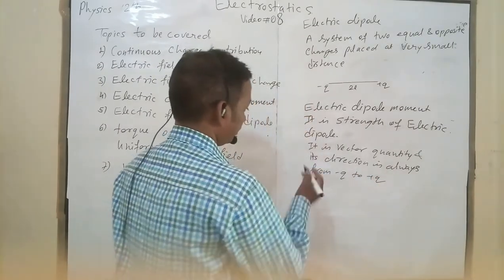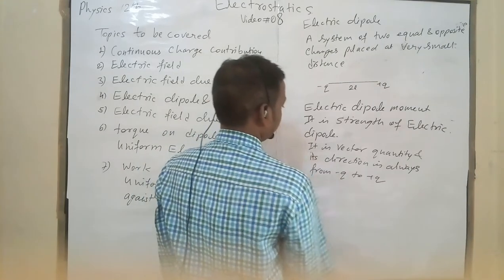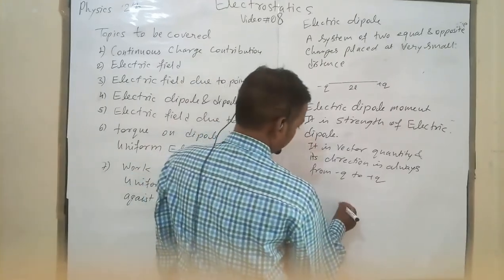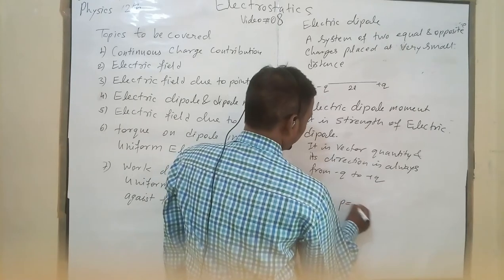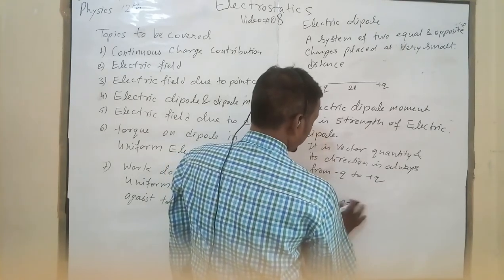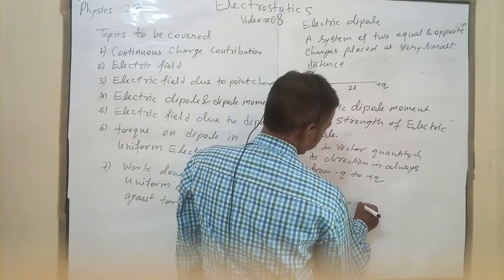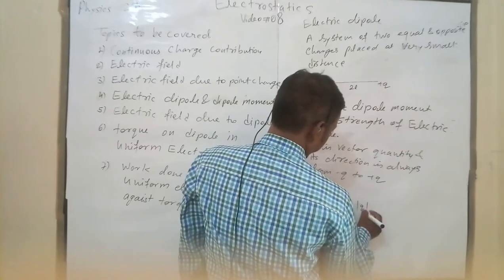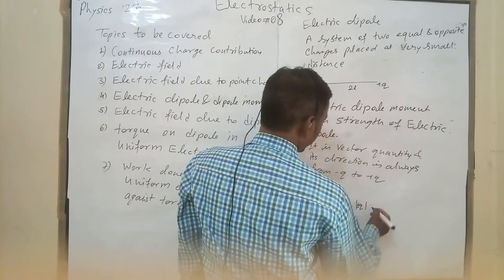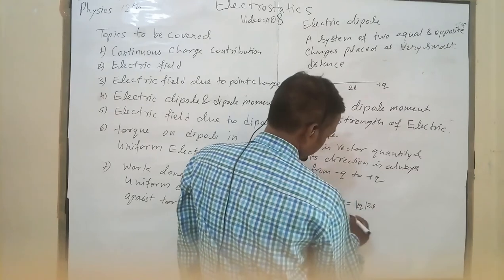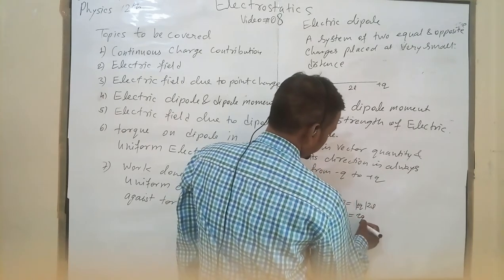See the formula. Formula is P equal to either charge and 2l distance, that is 2ql.